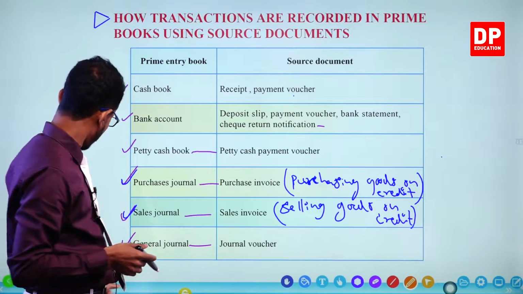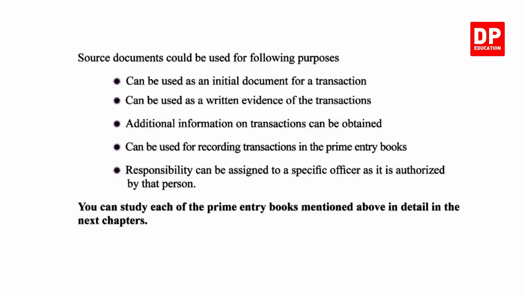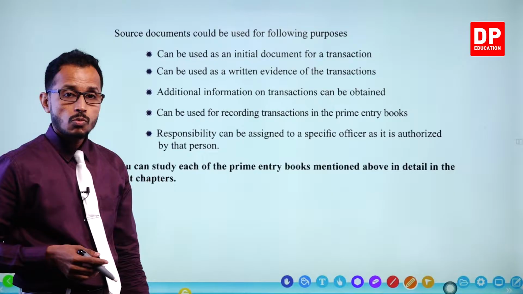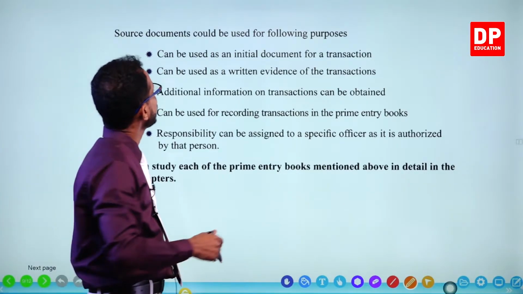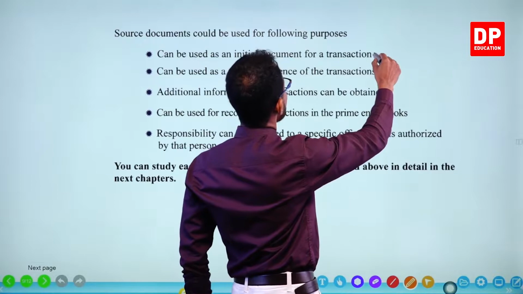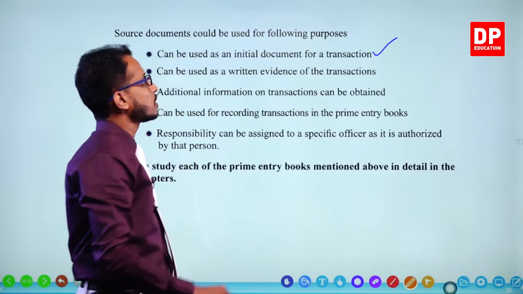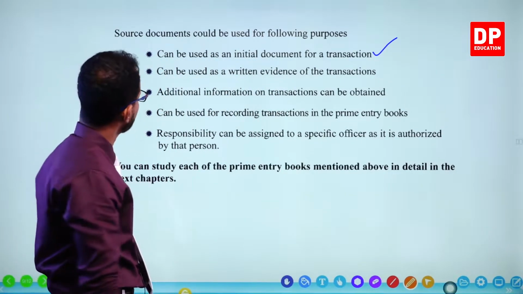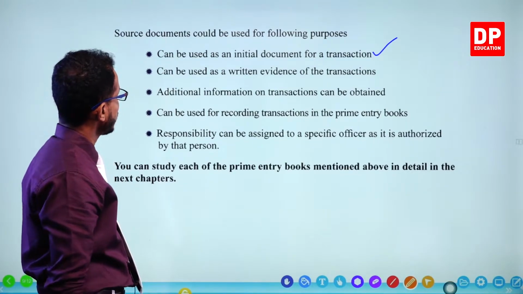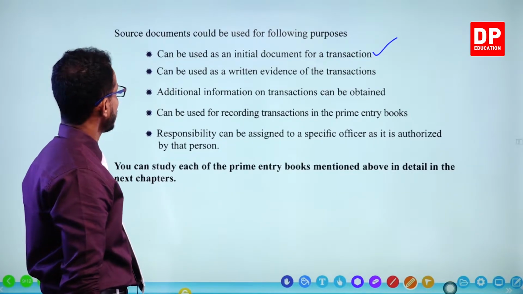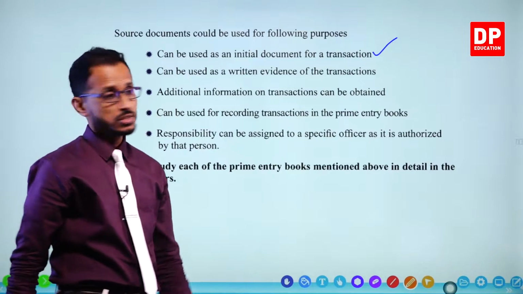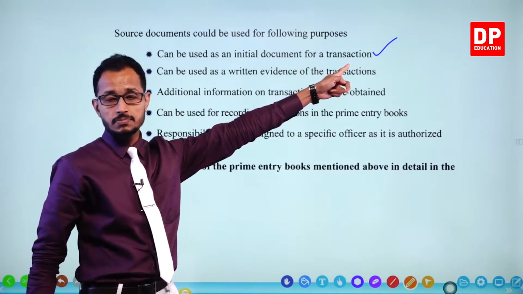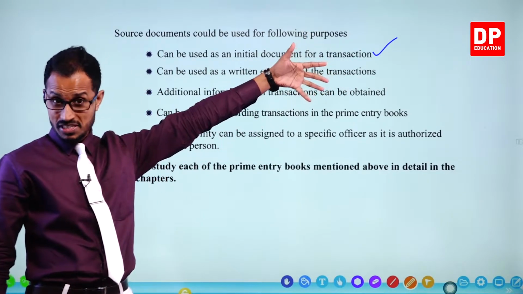Alright, children. Moving on. Why are source documents used? They can be used as an initial document for a transaction, in order to record the transaction initially, for the very first time.